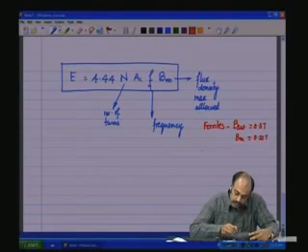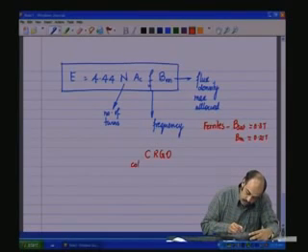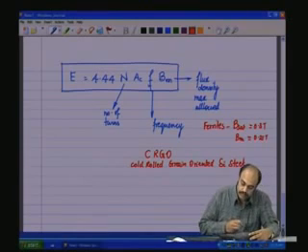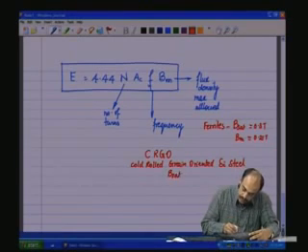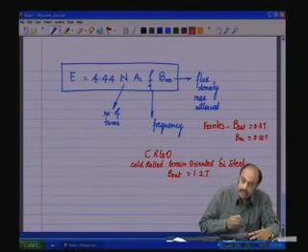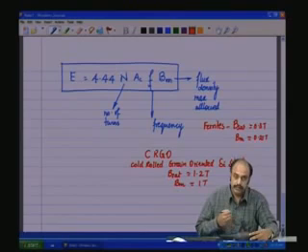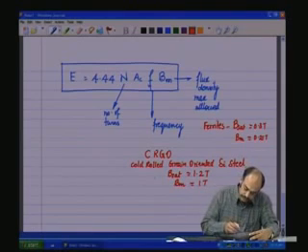For CRGO, which means cold rolled grain oriented silicon steel, B sat is around 1.2 Tesla, and normally Bm is chosen around 1 Tesla, so that it is less than the B sat value and still retains the magnetic properties.